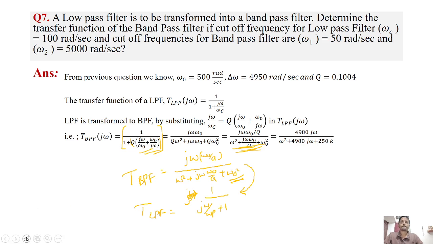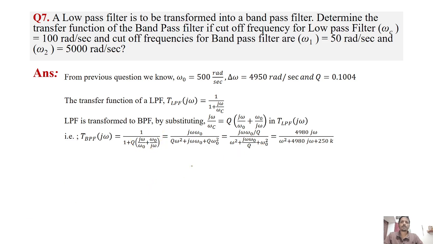Could you please repeat for this case? See, the transfer function of the band pass filter is given as j omega omega naught by Q over omega square plus j omega omega naught by Q plus omega naught square.